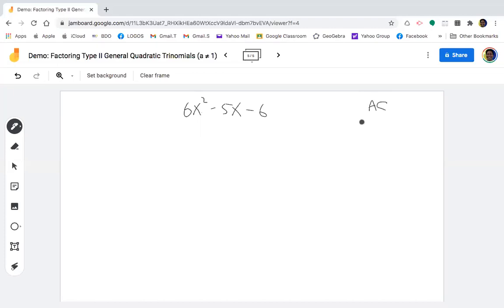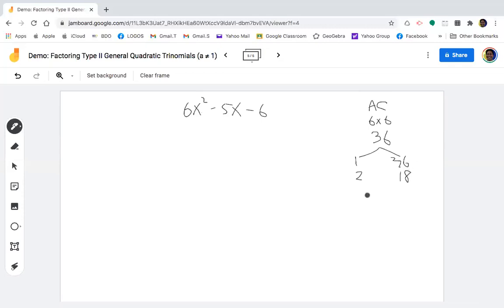We multiply A and C, that's 6 times 6. And that will give us 36. So we're looking for factors of 36 whose difference is 5. Right, that's not the one. Divide by 2, 18.